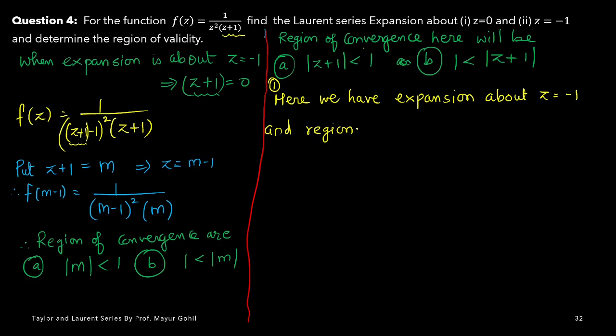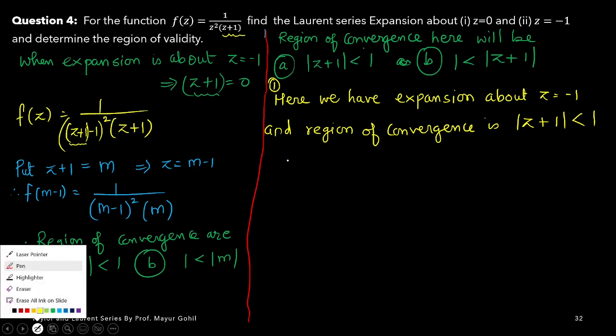So here the region of convergence is mod of z plus 1 less than 1. Now when mod of z plus 1 is less than 1, what do we need to do? We will now expand the function. So let us see how to expand it.